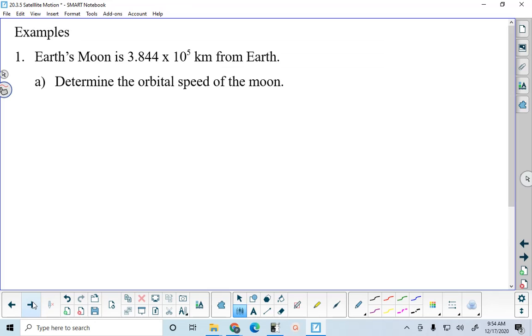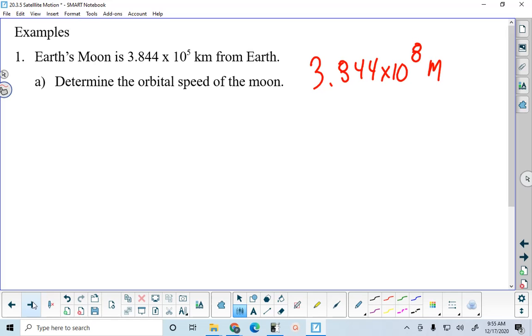So let's take a look at the first example. The moon is that far from the Earth. Determine the orbital speed of the moon. So what is that distance in meters? It's 3.844 multiplied by 10 to the 8 meters.